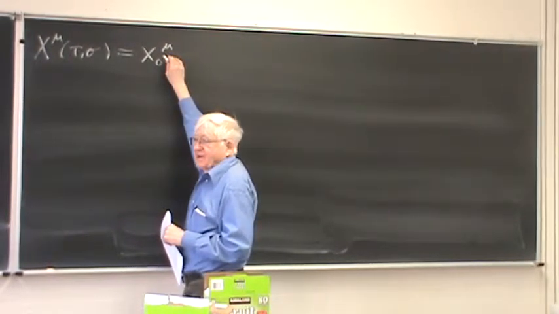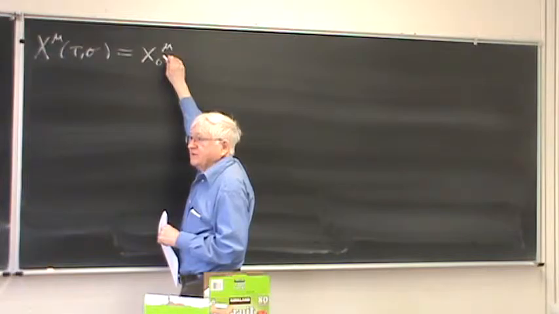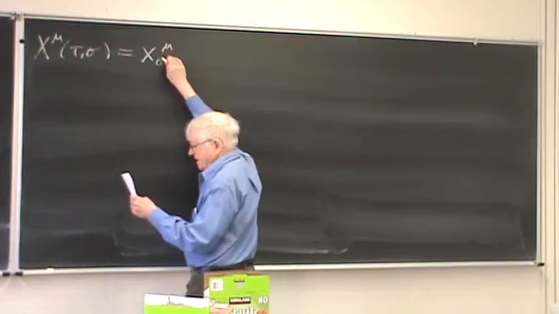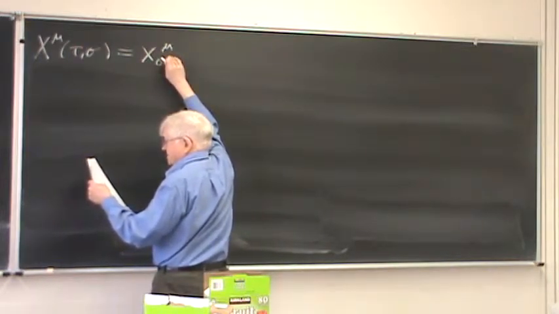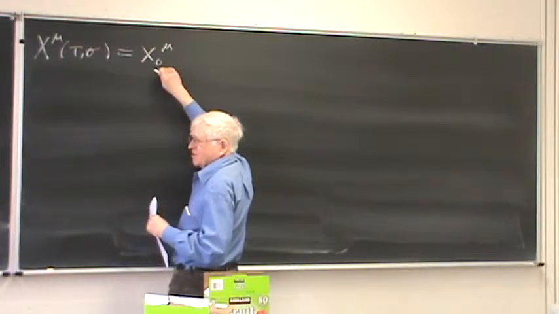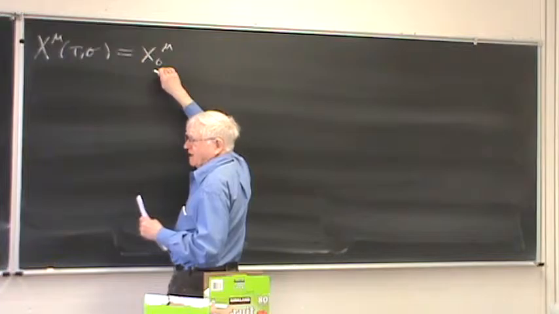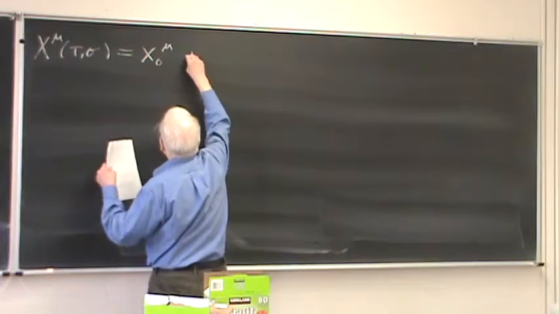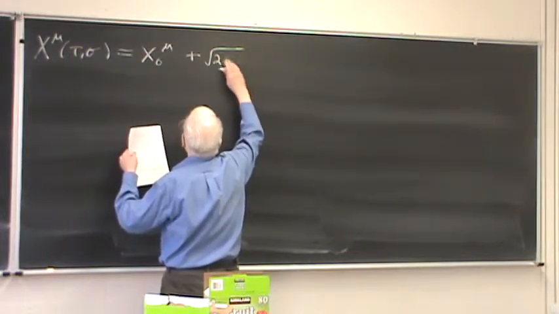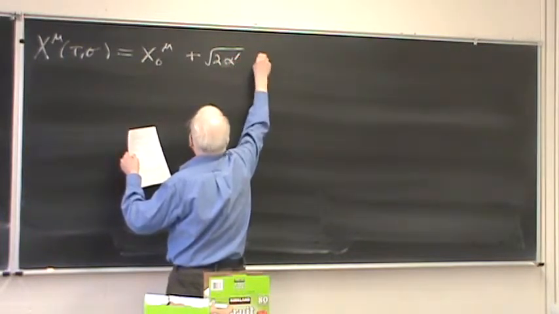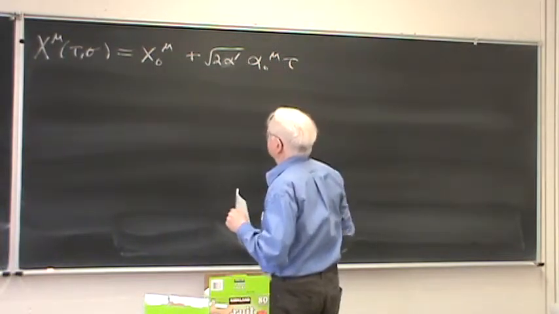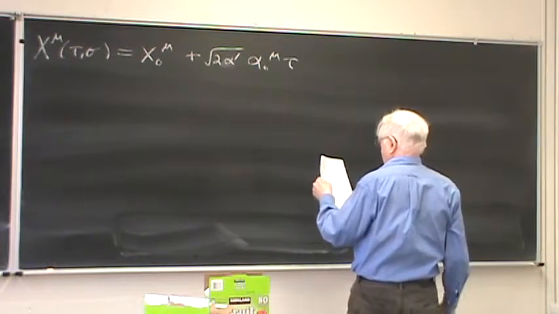That tells you where the string is on average, at a fixed time, so this is sort of the center of mass of the string at tau equals 0. And then we have the square root of 2 alpha prime alpha 0 mu times tau. And this is how the center of mass is moving with time.